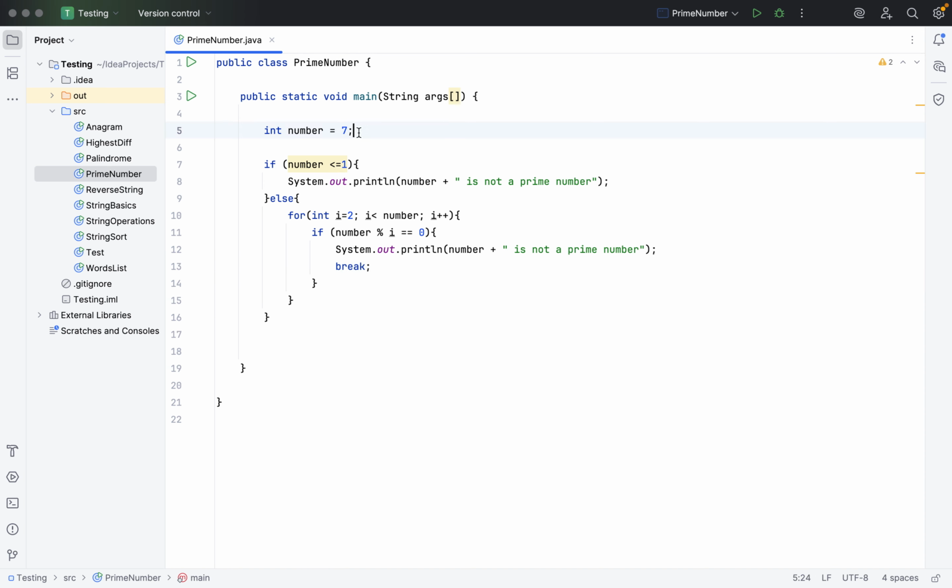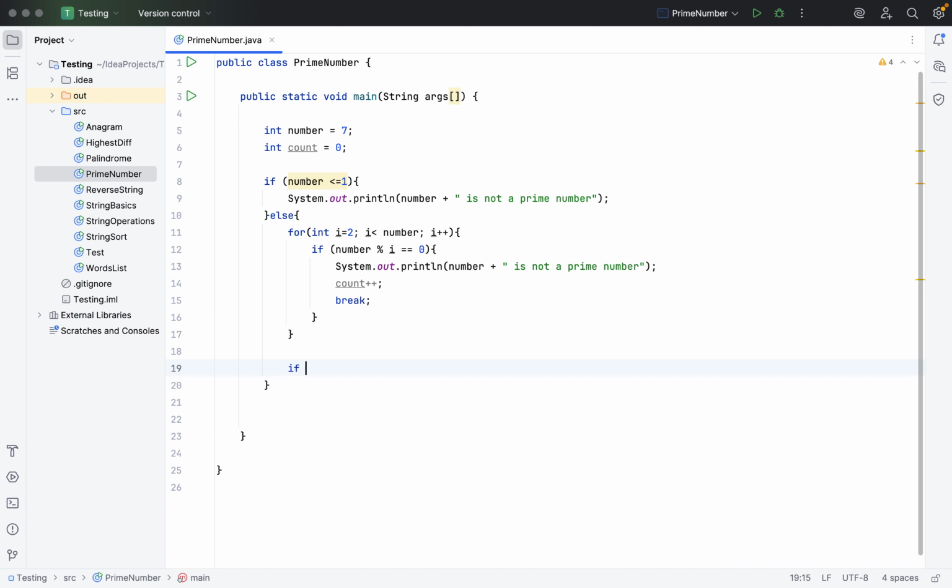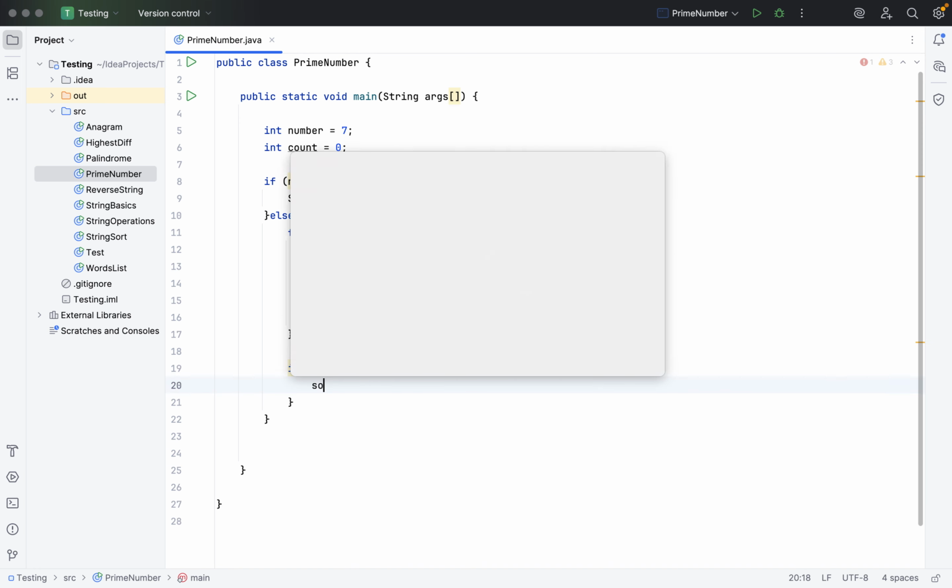Also, we can put a count in the end to determine if it's prime. Once the loop is over, let us increment the count here. If the count is equal to 0, it means it's a prime number.